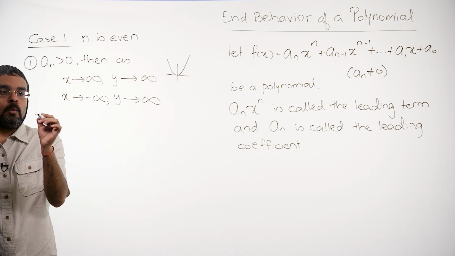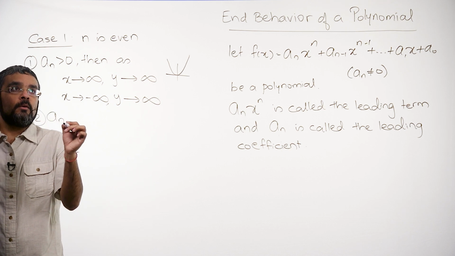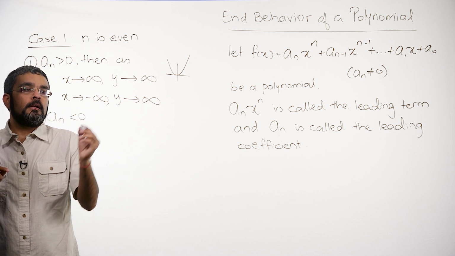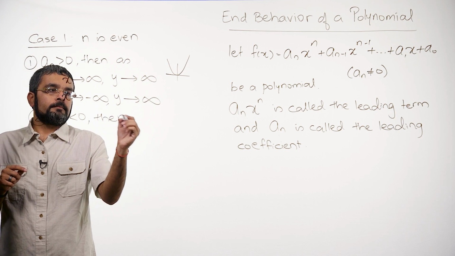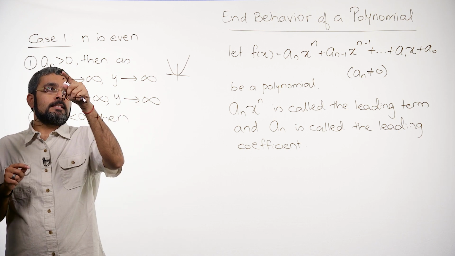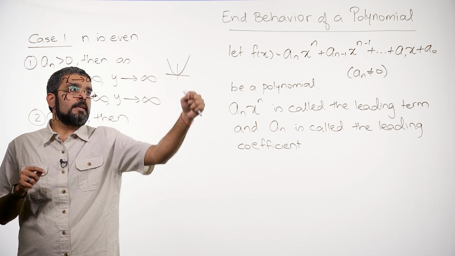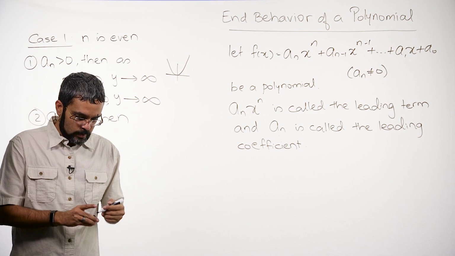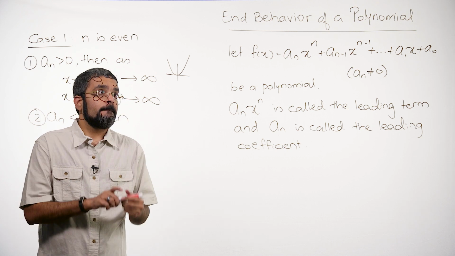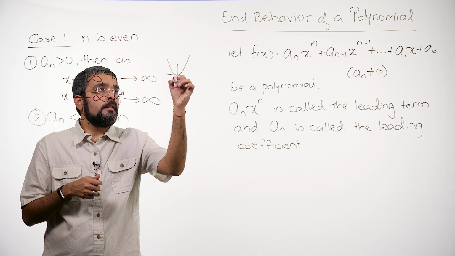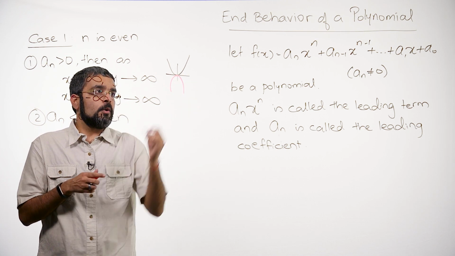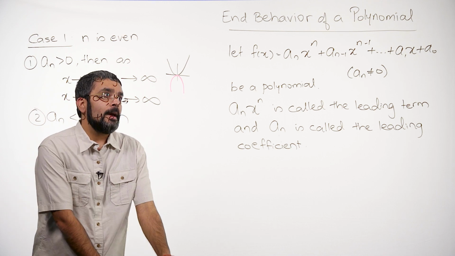Well, what if a_n was less than 0? In the case of a quadratic function, this would open upside down. Let me draw that in red. This would actually go down, which means it doesn't matter which way I went.